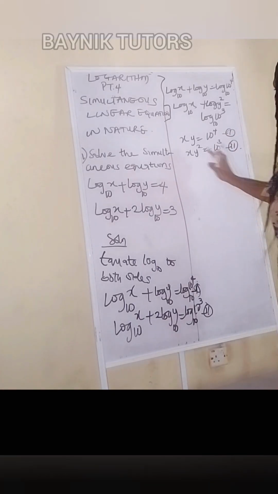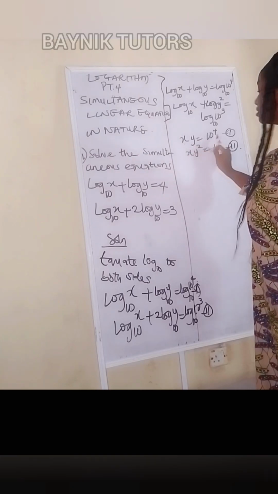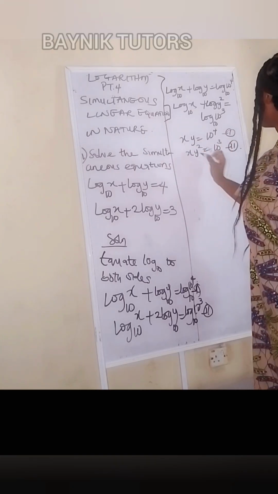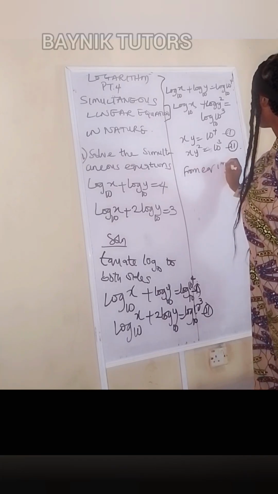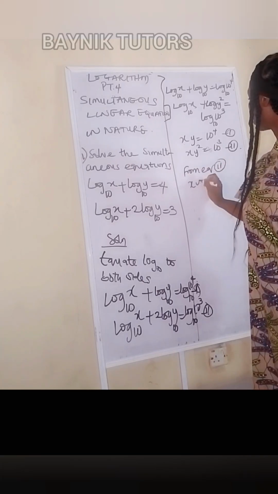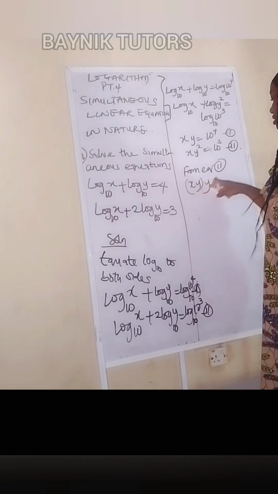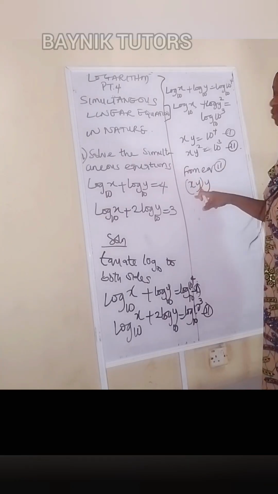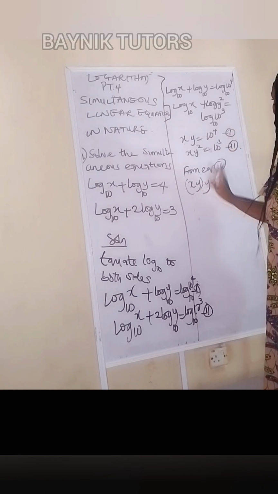So now, wherever you see xy, you know it is 10 raised to power 4. From equation 2, we have xy squared. We want xy to stand alone, so we can substitute 10 raised to power 4 for xy. That's why we have to separate it.